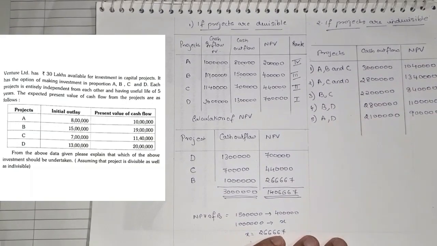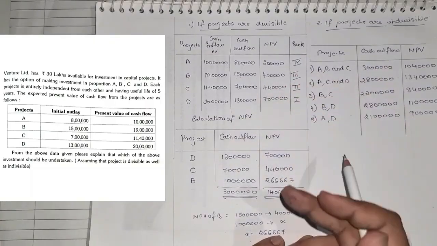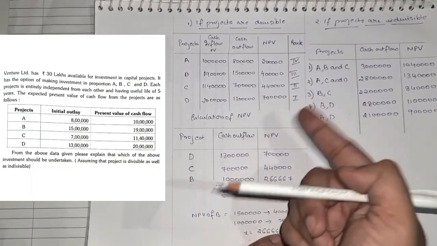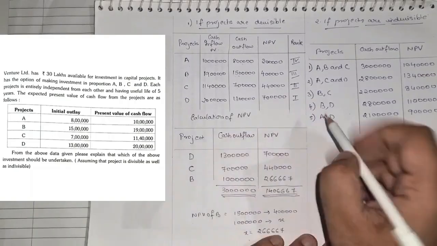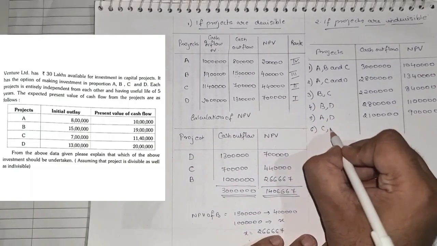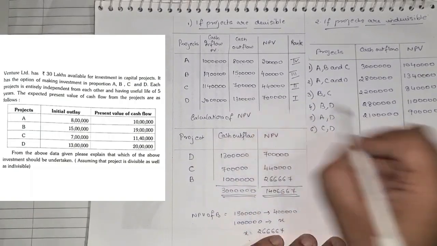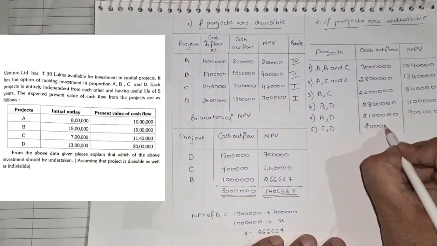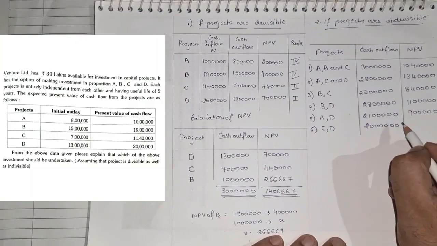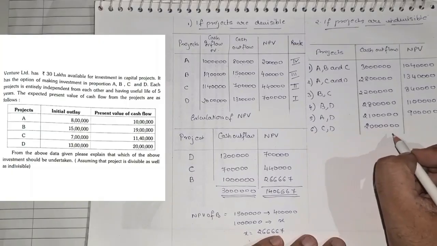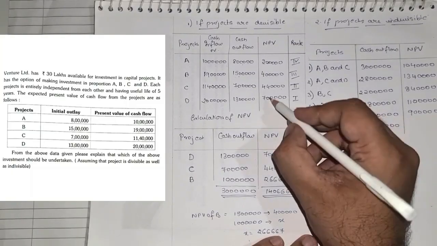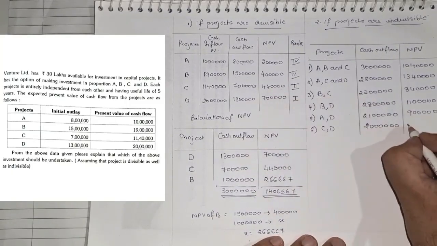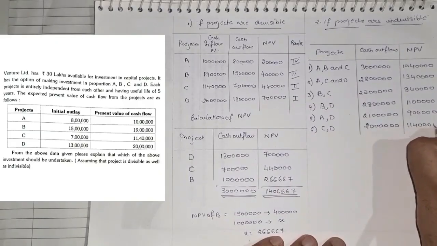So these are all the variations I could have taken. Even if I go for any other, I don't think we'll be able to find any other alternative. If I take C and D alone, which is 7 and 13, which is 20 lakhs, I will get 7 and 4, that's 11 lakh 40,000 as my NPV.